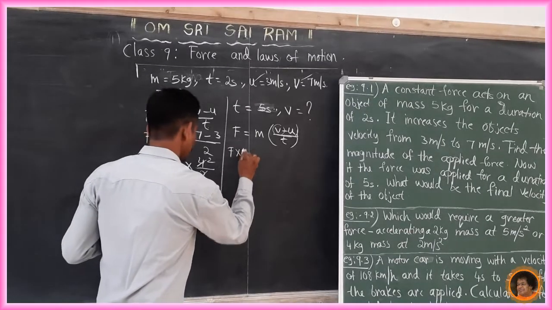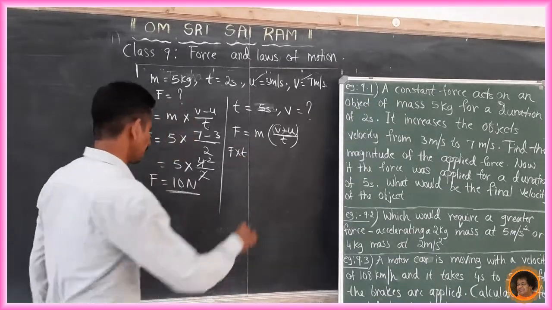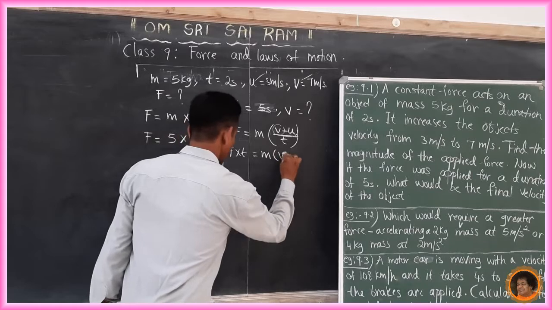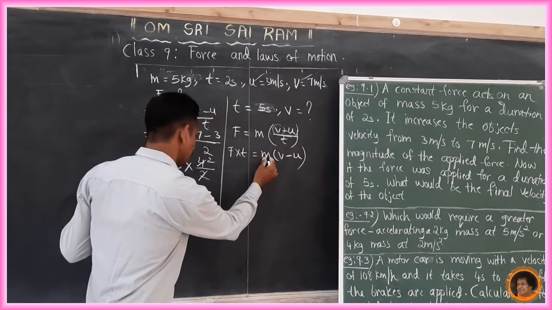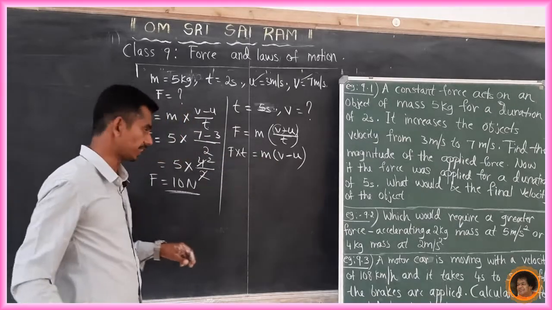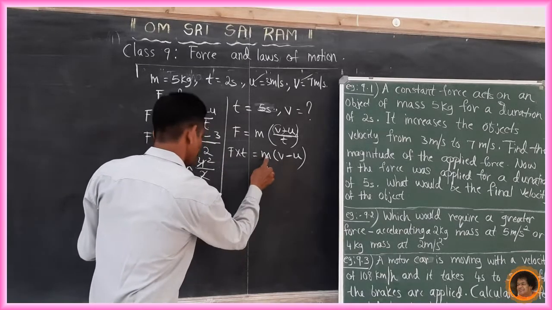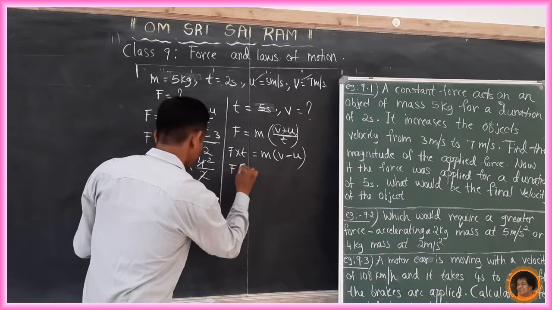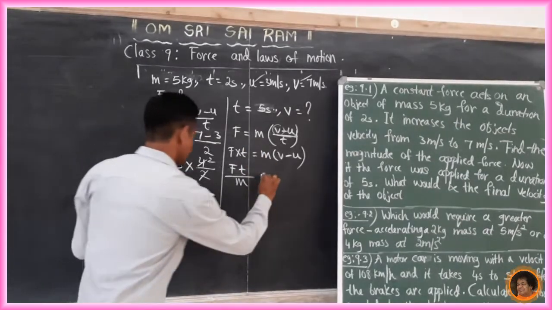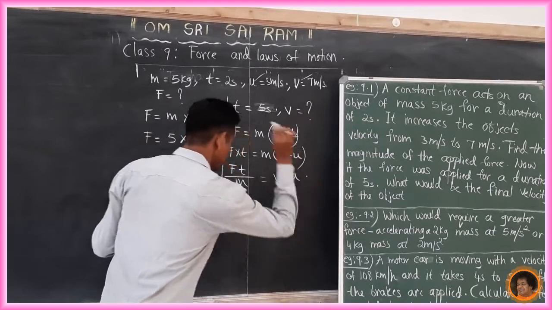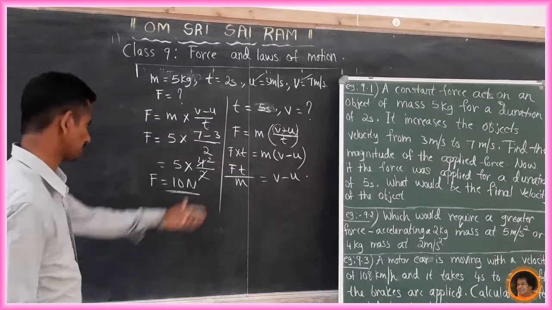So, F into t equals m into (v minus u). Now, transfer this m to the left-hand side. Now it is multiplication, so it becomes F into t divided by m equal to v minus u. Just look at the steps.